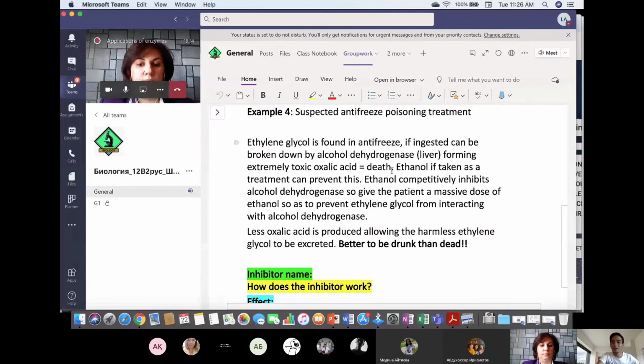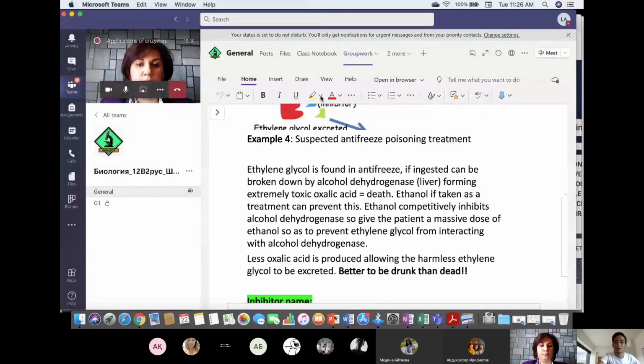Now, one way of treating this is to administer the person with ethanol, which is an alcohol. So ethanol is an inhibitor to alcohol dehydrogenase. So ethanol is your inhibitor, and it's a good inhibitor because it can stop the production of oxalic acid.